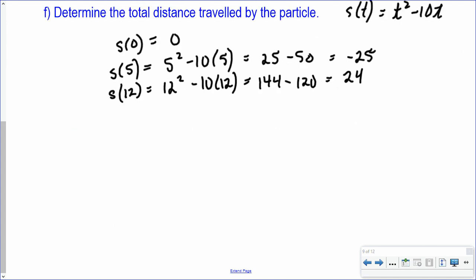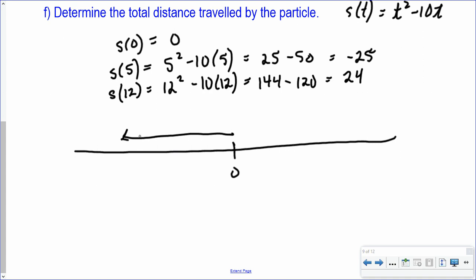So now let's do that displacement line here. So here's what happens. Let's go back to this original diagram that I had. So at 0, I'm going to go -25, and then I stop. And then from 5, so this is at the t equals 5 second mark, and this is distance, or s at t if you like, distance traveled.